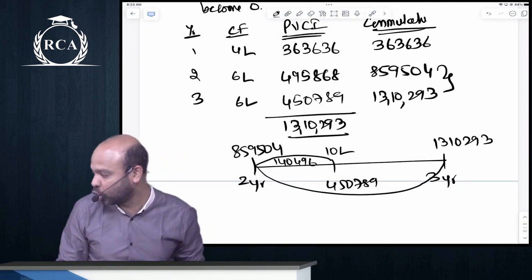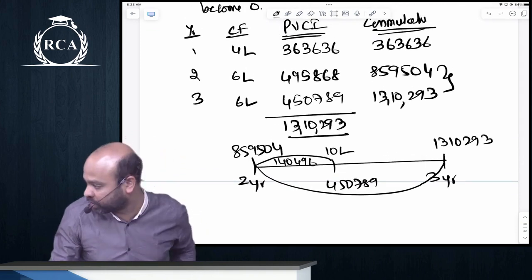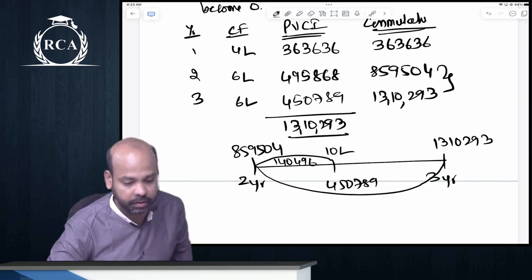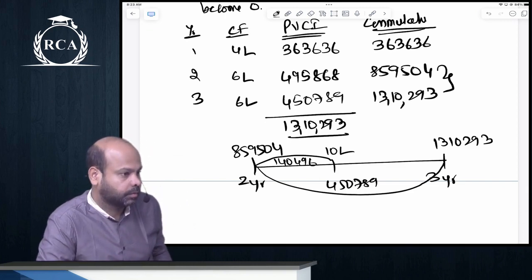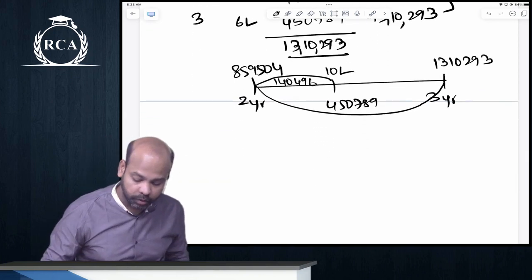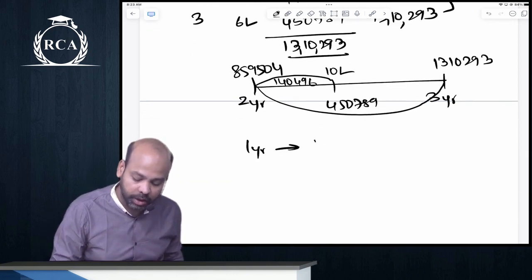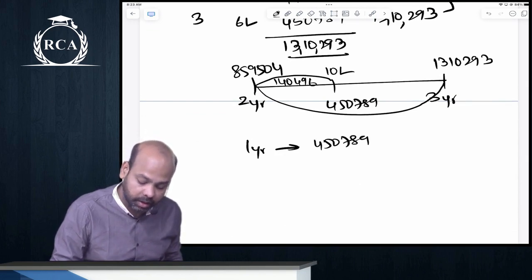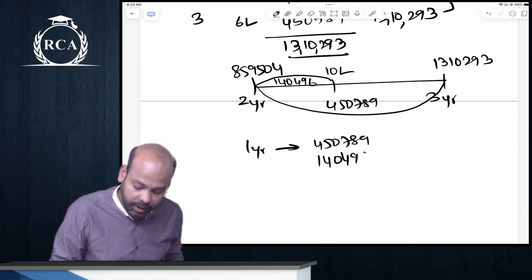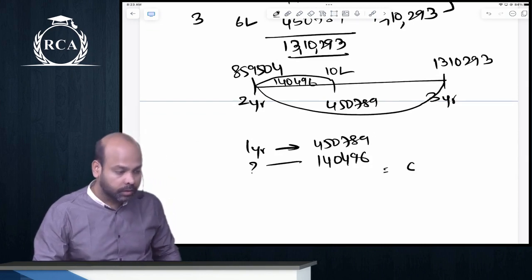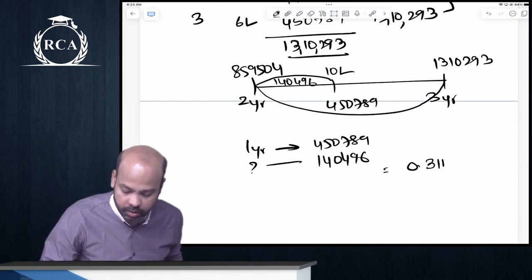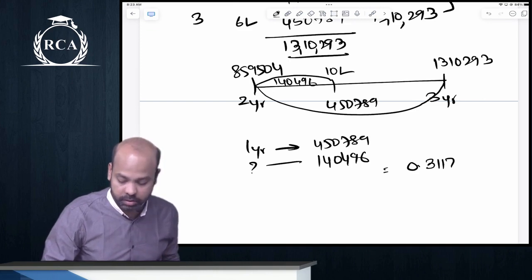If you're done with cumulative cash flows, beta, compute the discounted payback period like this. In 1 year, beta, it is changing by 4,50,789. What should be the change for 1,40,496, beta? 0.3117.